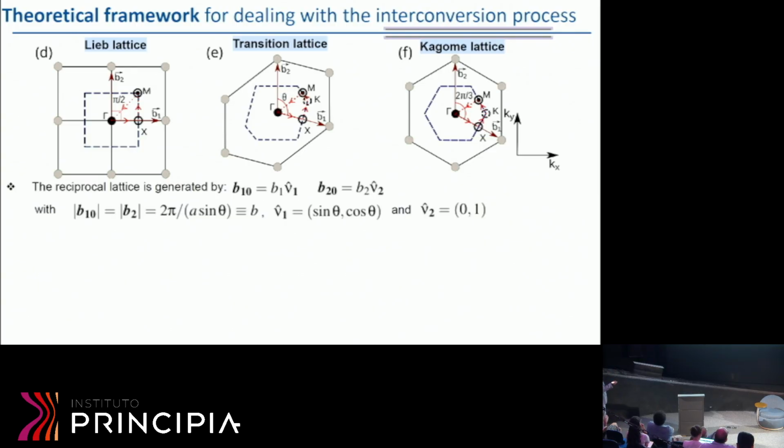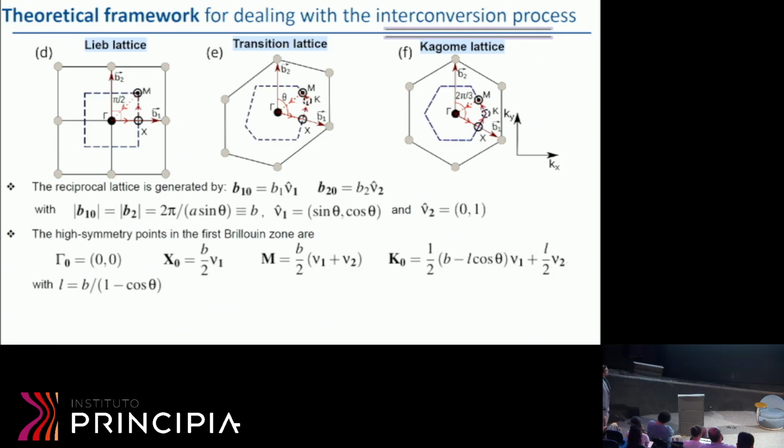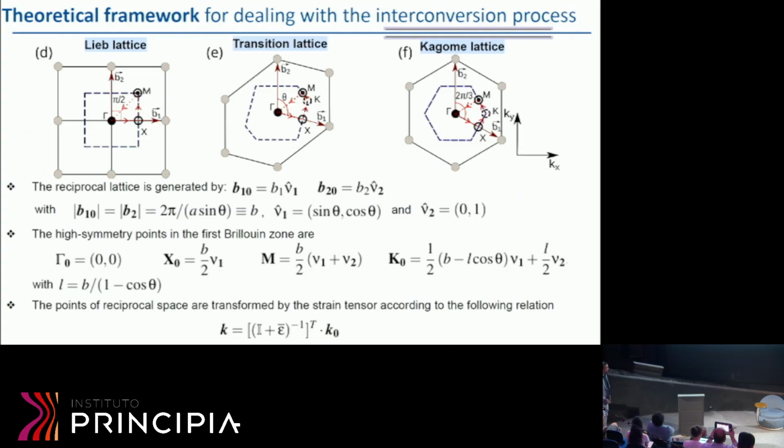And here we have our B as a function of theta, and we can calculate the high symmetry points, again as a function of theta, and also any point in the reciprocal space if you deform your real space.